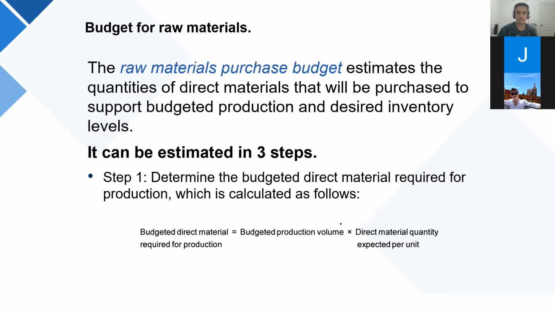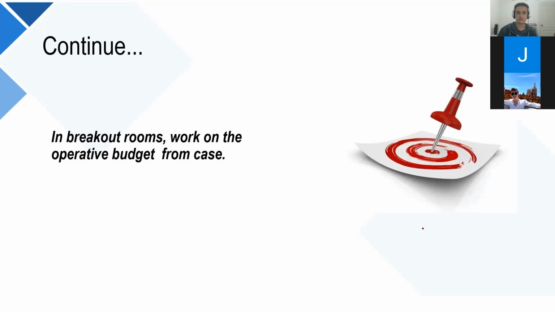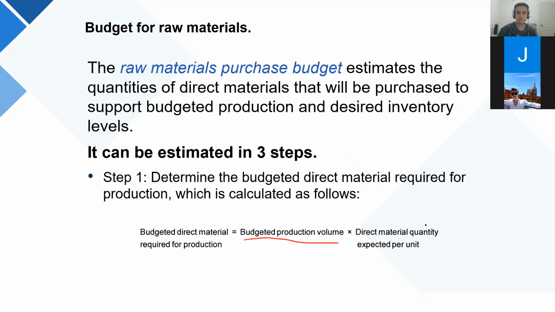We start right now, and instead of starting with the sales budget, in this part we're going to start with the budgeted production volume. That is the production budget you got from the last budget. It's these numbers here. So the first step you need to do for the raw materials purchase budget is multiply the budget of production times the quantity of materials needed per unit.